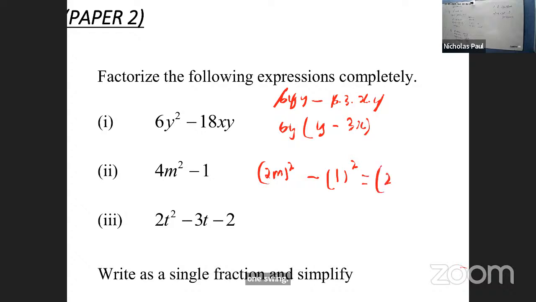And then finish it up there. 2m minus 1, 2m plus 1. Finish it up there.